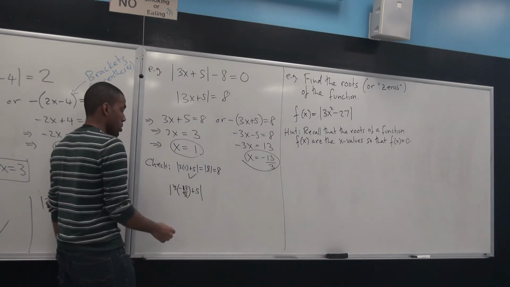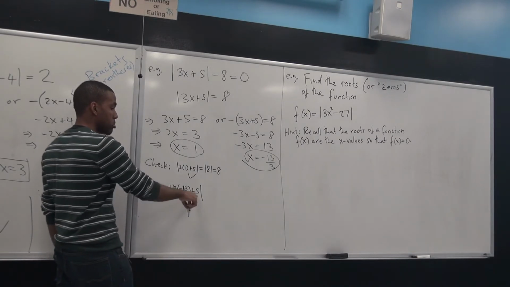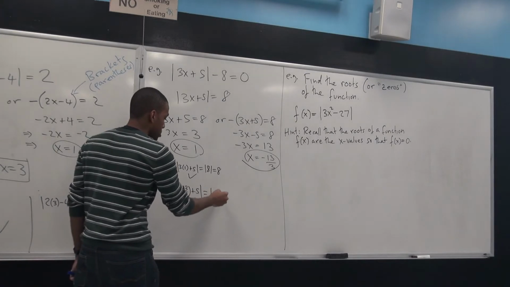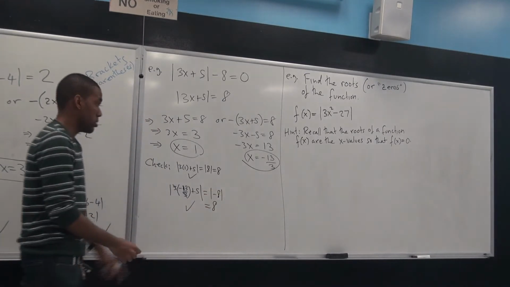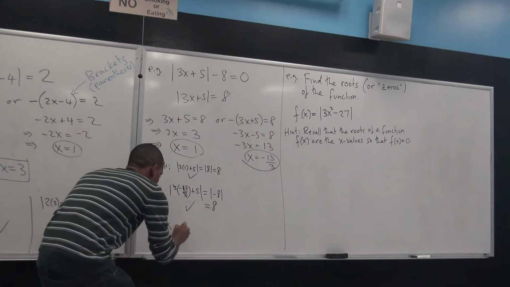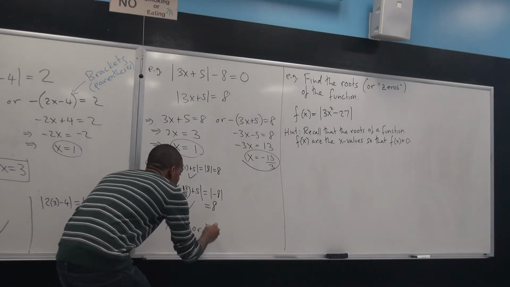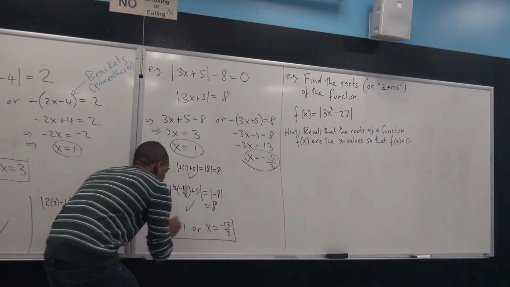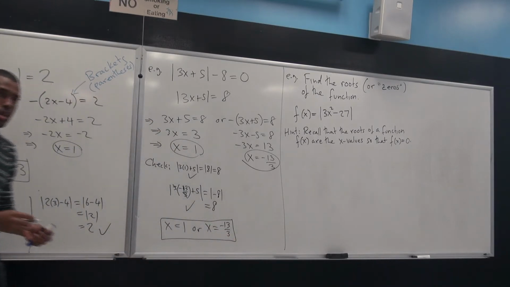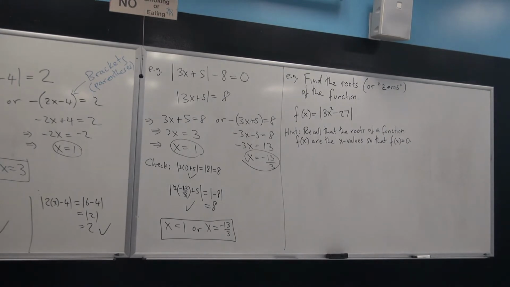So I have minus 13 plus 5. This gives me the absolute value of minus 8, which is just 8. So that checks out. So both of these answers work, and we consider that to be the solution.